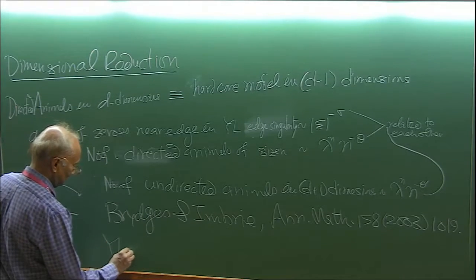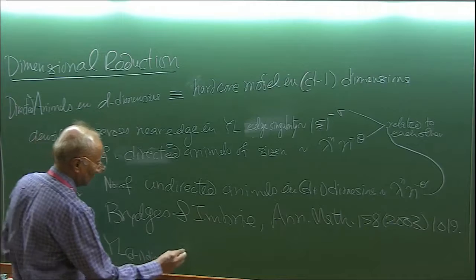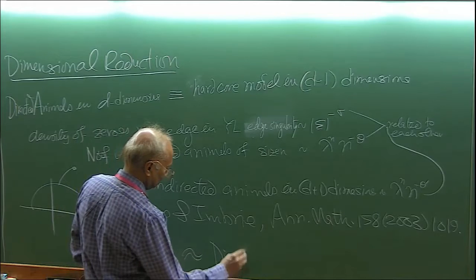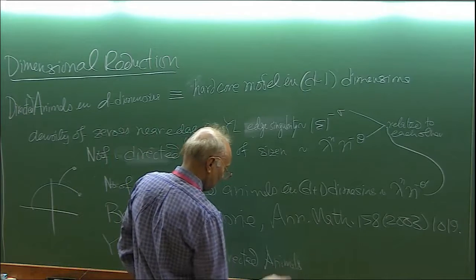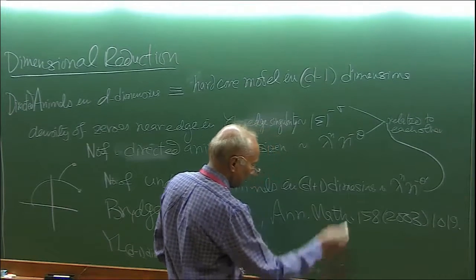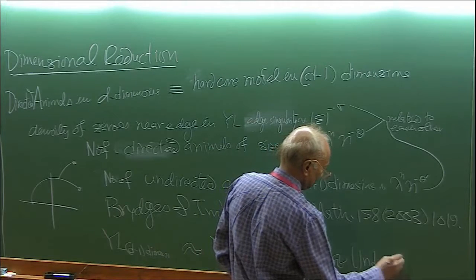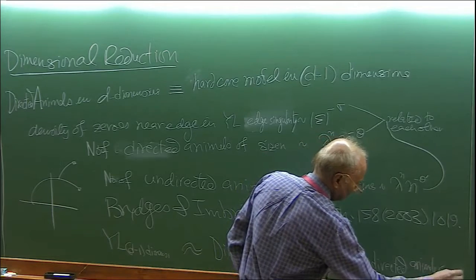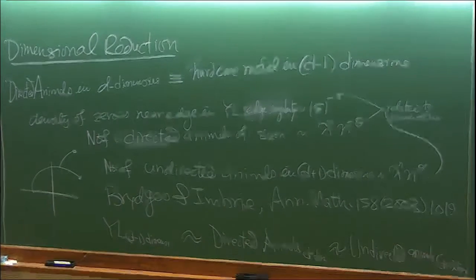Yang-Lee in d-1 dimensions is equivalent to directed animals in d dimensions is equivalent to undirected animals in d+1 dimensions. So this is a dimensional reduction even by 2 or 1.